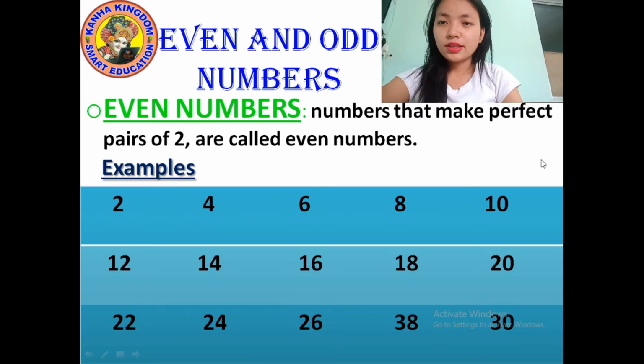Even numbers are those numbers which make a perfect pair of 2, or the numbers that can be divided into two groups.